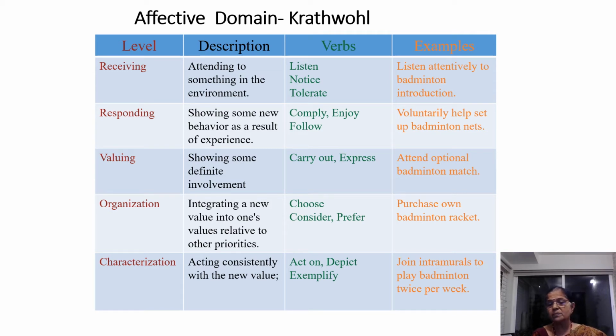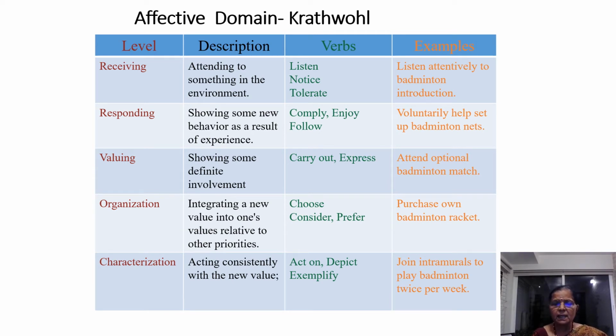Playing badminton becomes psychomotor domain. But here developing interest comes under affective domain. You got the difference? So any interest, developing interest in going to the library or developing interest in listening to music, they all fall under affective domain, your heart domain. You should know the difference.